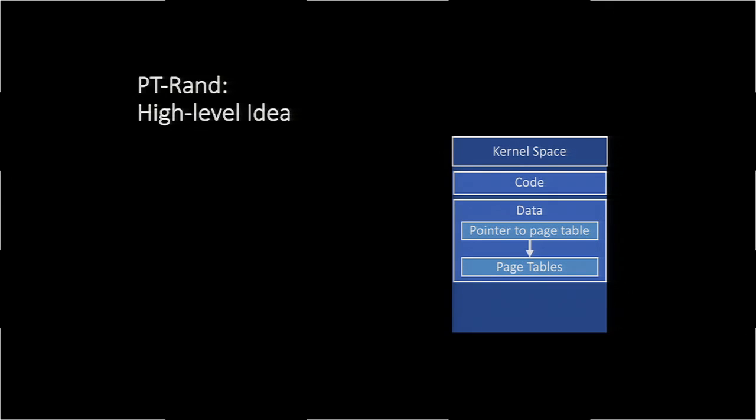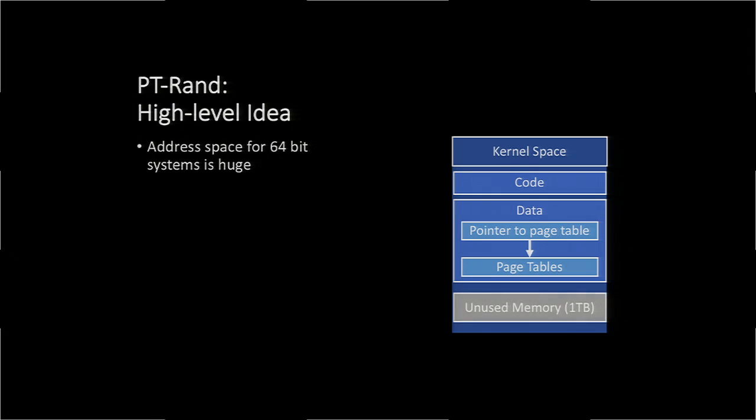So an abstracted view of the kernel is that we have this code section, and then we have a data section. And within the data section, we have the page tables and also kernel structures which contain pointers to the page tables. If you look at the address space of a 64-bit system, you will discover it's huge.